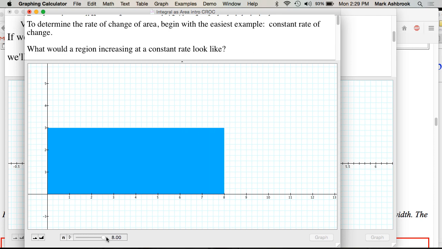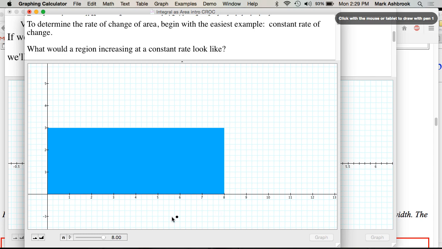We're talking about the area now, so we have the constant rate of area accumulated. With respect to what would be a constant rate? With respect to the width of the region, right? We're going to call that x, because it's kind of like the x coordinate here.